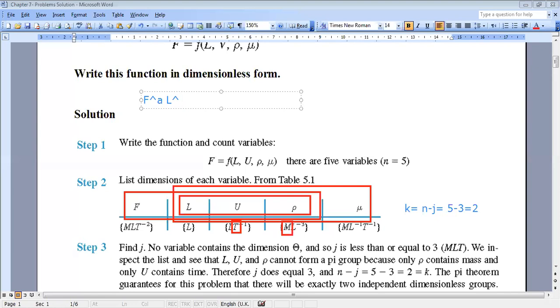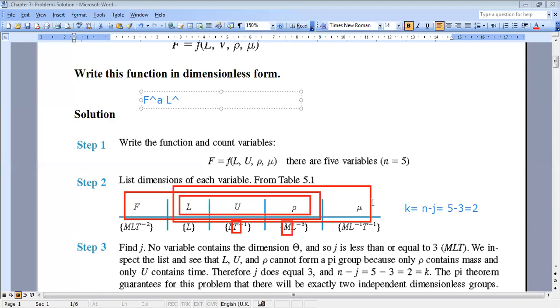Now we will combine them, once with F and once with mu, to have a group. So when you add F to the variables you will be able to form a group, and when you add mu you will be able to form another group. In total your groups will be equal to 2. One by combining L, U and rho with F, and second by combining L, U and rho with mu.